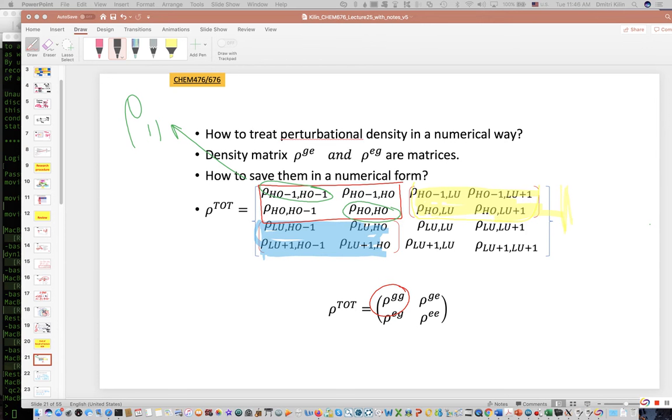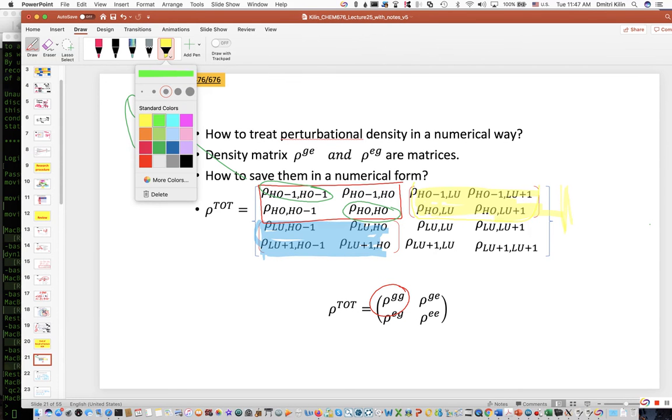Actually, it is written. The red box is ground. The yellow is ground to excited. It's a transition. The yellow and blue are transitioning, and the fourth quarter is excited. Excellent. Thank you very much. It's absolutely perfect and correct.